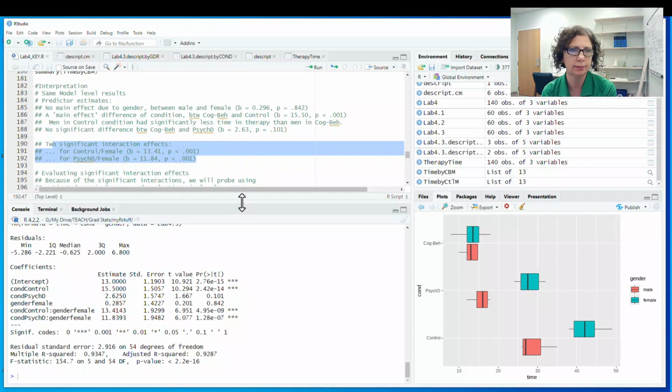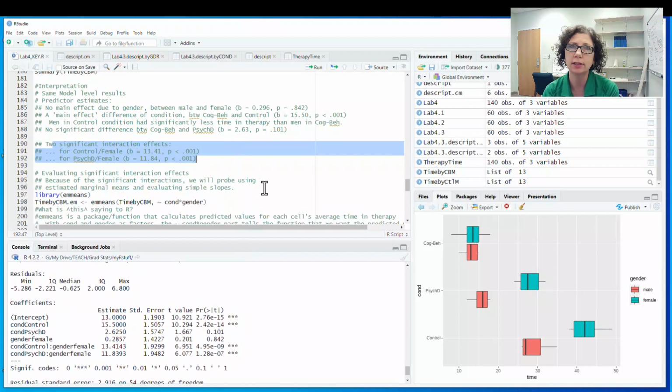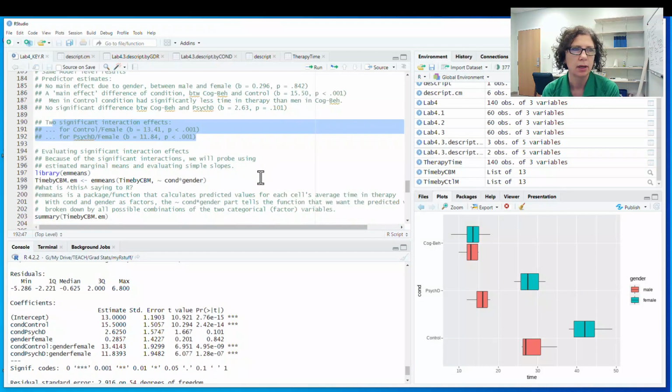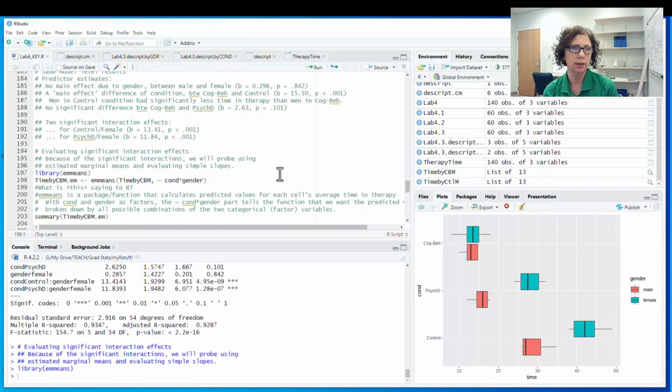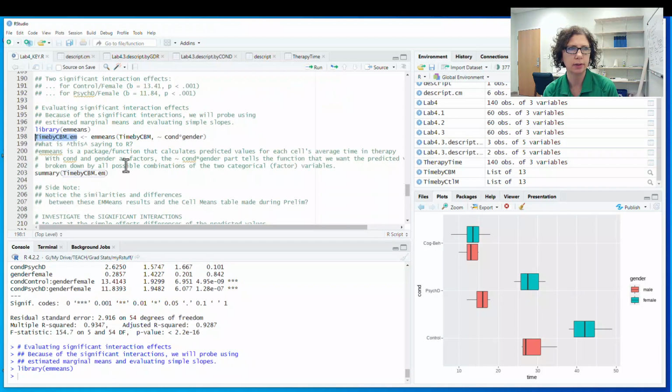And to do that, we're going to be using some new packages: estimated marginal means and evaluating simple effects. So I'm loading emmeans, and what I'm making here, what does this say?